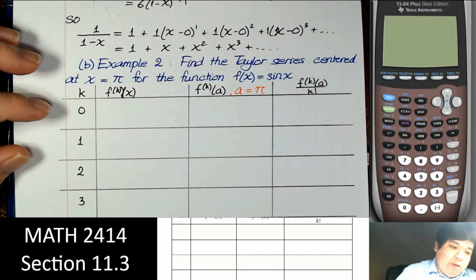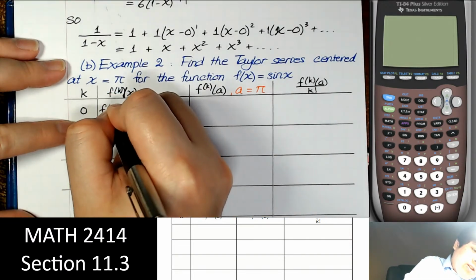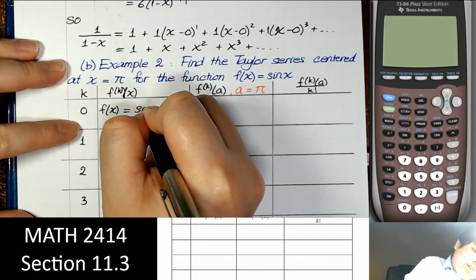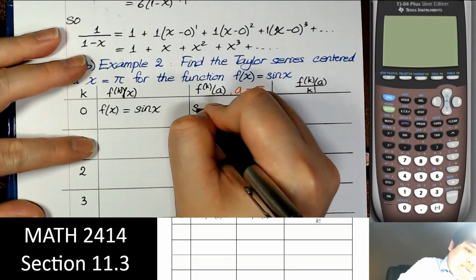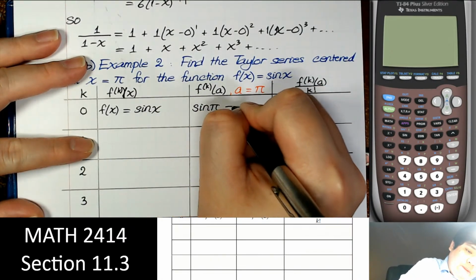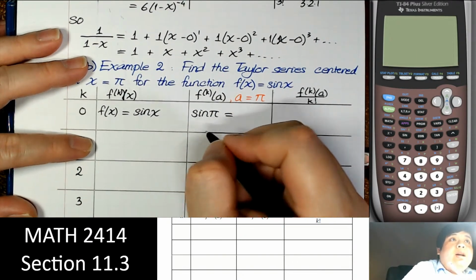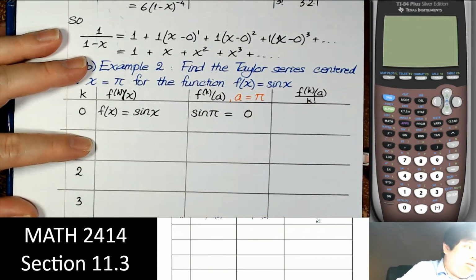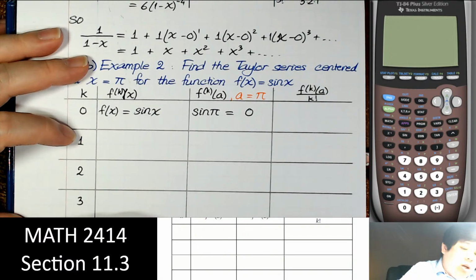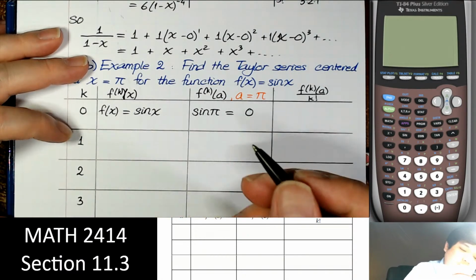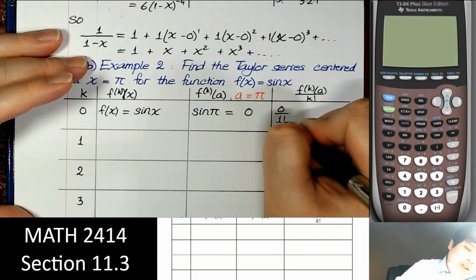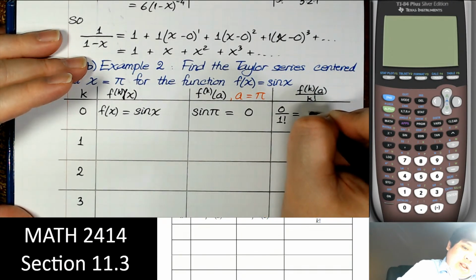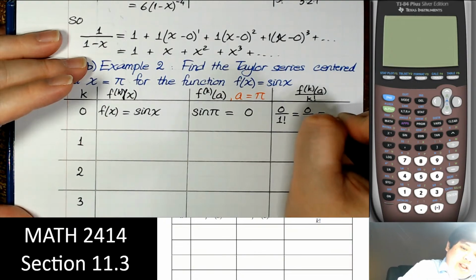Right. So first, the function is sin x. x is pi. Sine of pi is 0. Oh, this needs a lot more terms. So 0 divided by 1 factorial, 0 divided by 1, is 0.